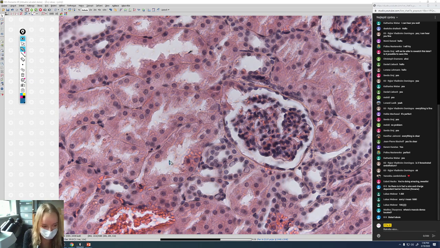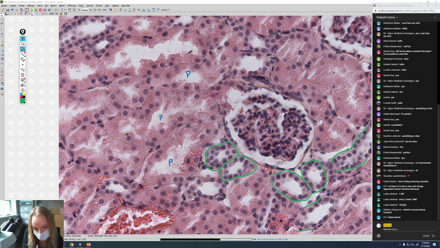So the proximal tubules are here, here, here. And of course, you need to distinguish them from the distal tubule. The distal tubule is right here. This is one section through the distal tubule, this is another section from the distal tubule, here. Oh, and we can see a longitudinal section right here.